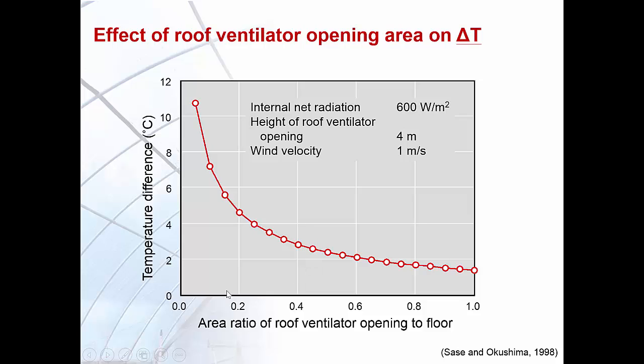The area of side openings per greenhouse floor area decreases as the width of a greenhouse increases. This is usually the case with large-sized greenhouses. Therefore, roof ventilators are more important with large-sized greenhouses, especially the increase in the area of roof ventilator openings.